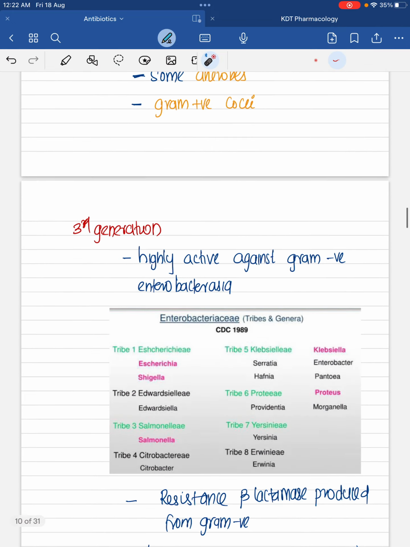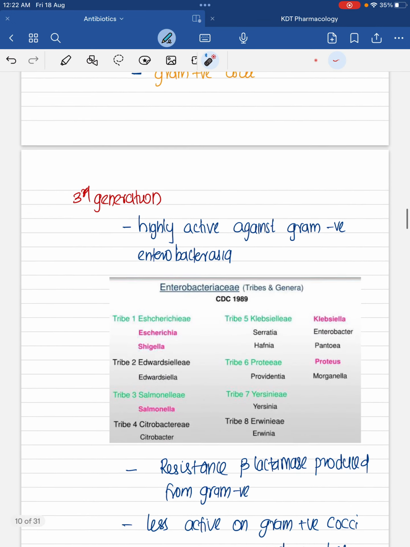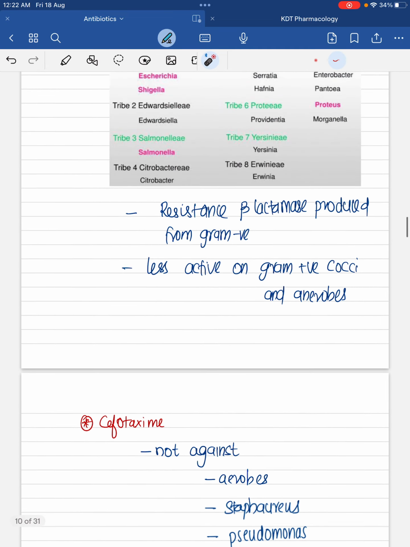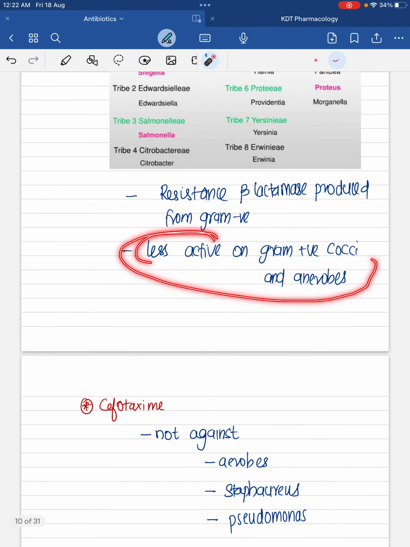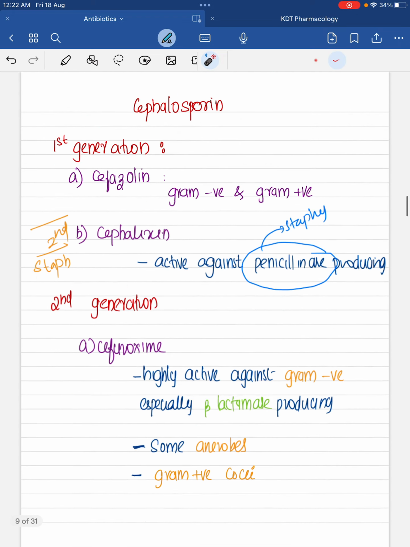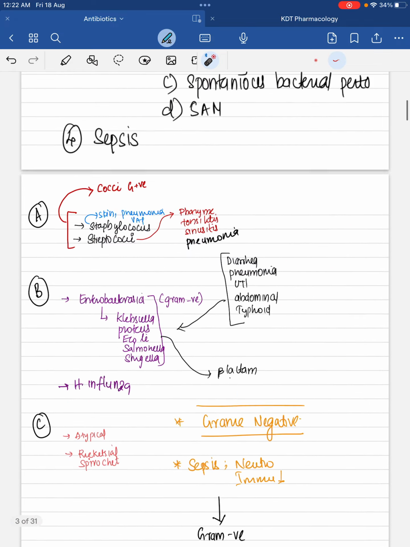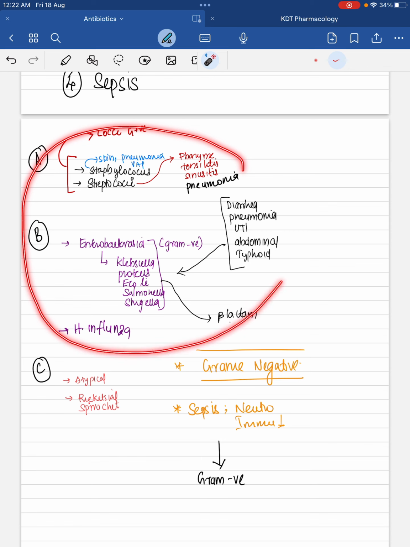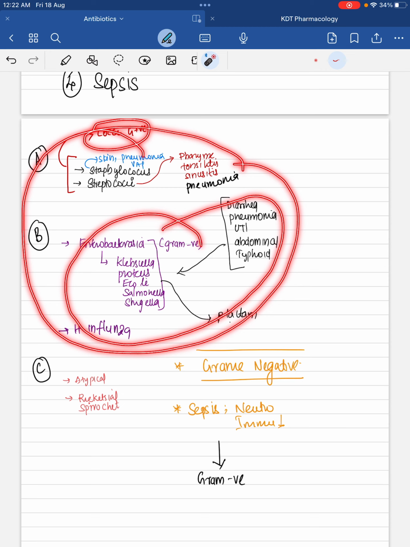That's why ceftriaxone is a broad spectrum antibiotic, because ceftriaxone or the third generation is highly active against gram negative and also, even though less, active against the gram positive cocci also. So gram positive and gram negative means they cover the majority of pediatric infections, because pediatric infections are mainly because of gram positive cocci and mainly by gram negative organisms. Hence third generation can cover both.